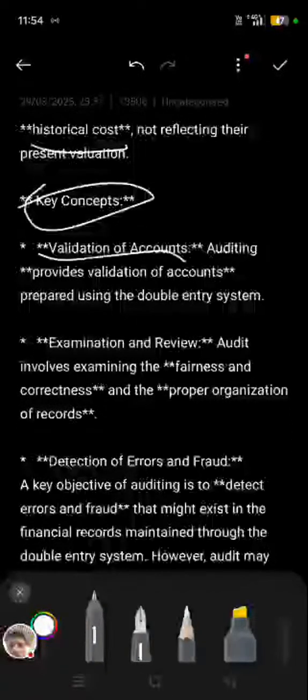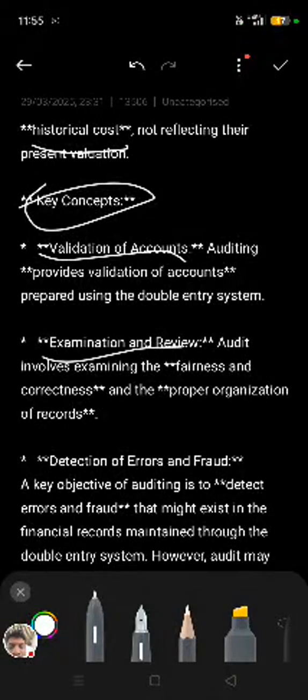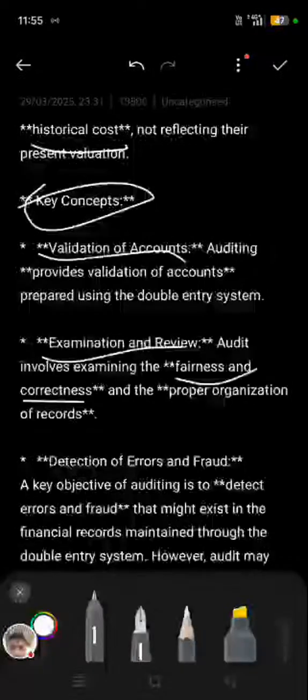of auditing. Auditing provides validation of the accounts prepared using the double entry system. Then examination and review: audit involves examining the fairness, correctness, and proper organization of records.